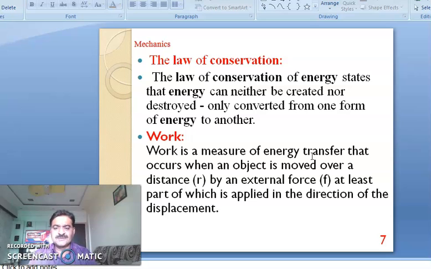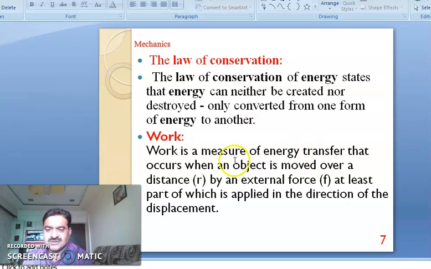Sometimes the force is applied in a particular direction, but the displacement we can't get in the same direction. In such cases, the applied force and the direction of the displacement are not in the same direction. It means there exists an angle between them.